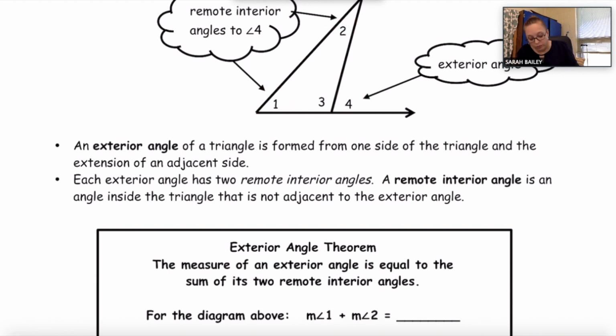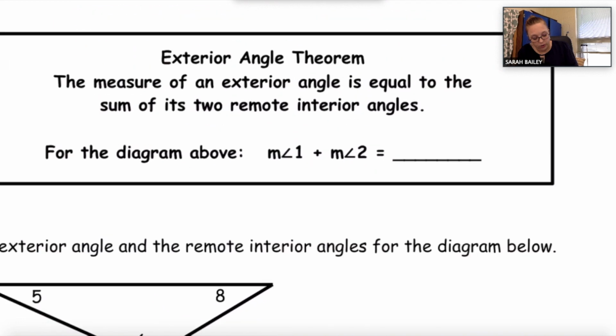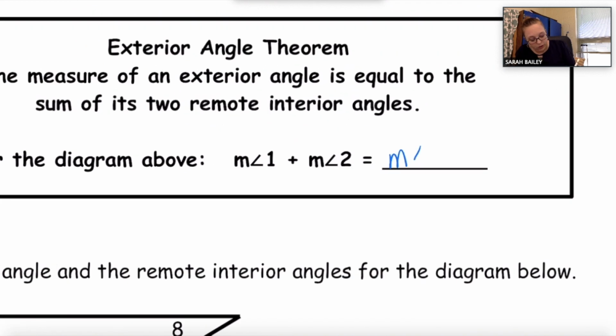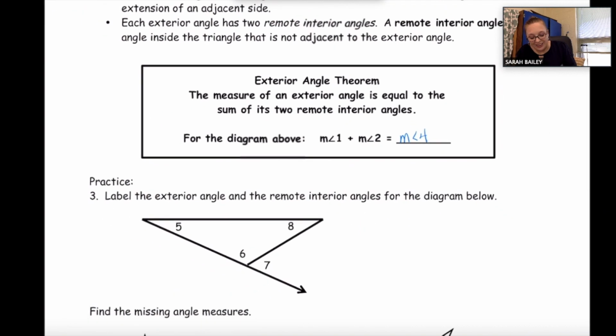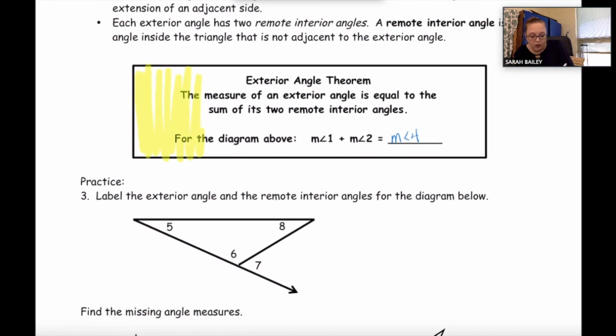So angle 4 would be that exterior angle. So I'm going to write that here, measurement of angle 4. I also want you to highlight this box or shade it in because this is also important information.